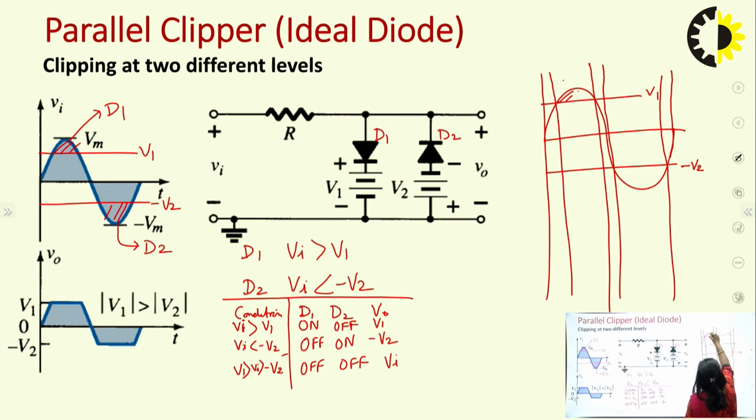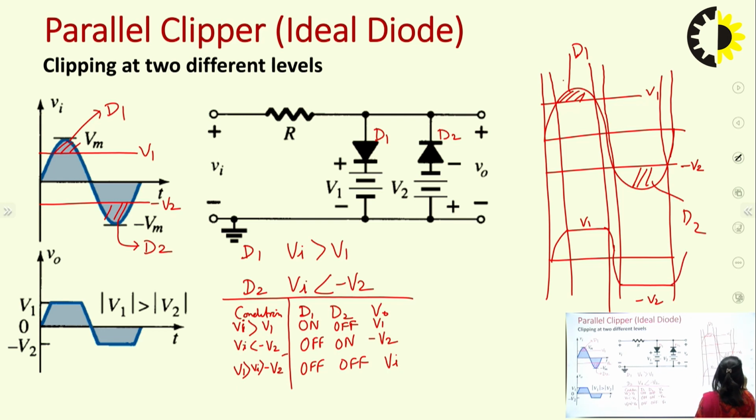This is the conducting region for D1, this is the conducting region for D2, and in the conducting regions the output is like this: for this it is V1 and for this it is minus V2. In the rest of the region it will follow the input signal. So this would be the output for the parallel clipper.